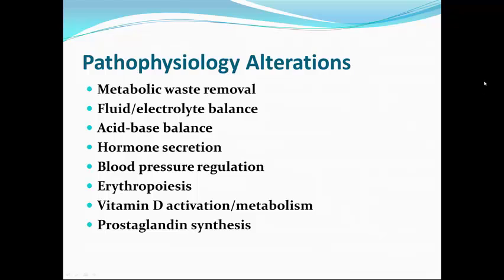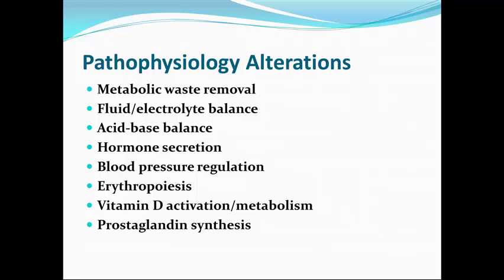So when we alter kidney function, we have to then think about how other physiologic functions, which then lead to pathophysiology, would also be affected. So when we think about pathophysiology alterations, certainly what's going to be affected would be metabolic waste removal. Urea and nitrogen, which are the byproducts of primarily protein metabolism, are removed primarily through the kidneys.